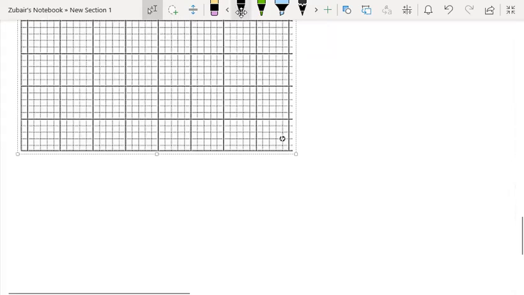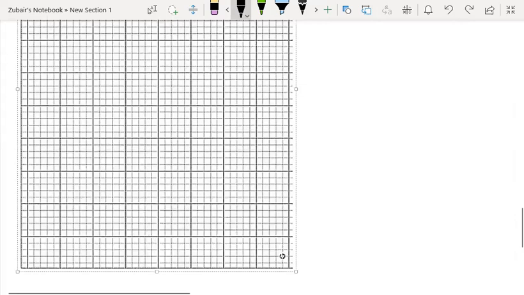So here I'm going to write this as 0. I think this will be better if we consider this point as 0, then 0.2, 0.4, 0.6, 0.8, and this is 1.